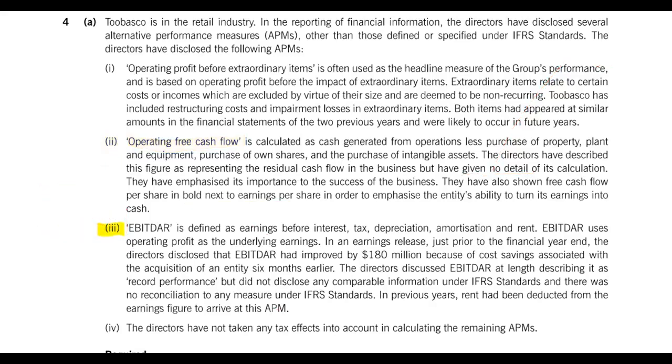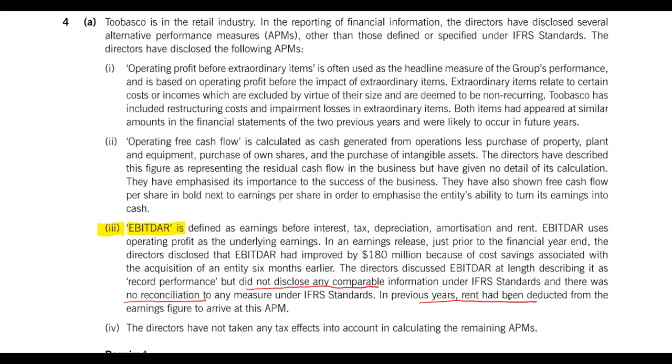Part 3 relates to the classic alternative performance measure, EBITDA. Now, this is described as a record performance by the directors, but when I read the information, it did not disclose any comparable information. There was no reconciliation to previous years, and in previous years, rent had been deducted.